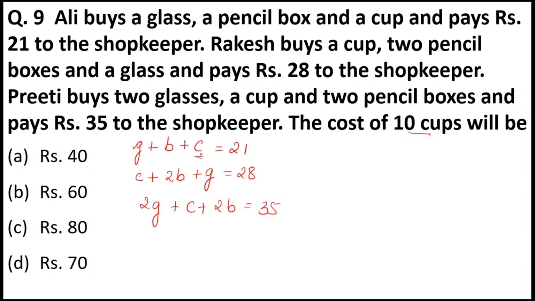In this kind of question, what you need to do is cancel some terms. So what I will do is I'll multiply this whole term by 2. Let's see how we are going to do it. 2G plus 2B plus 2C gives you 42.